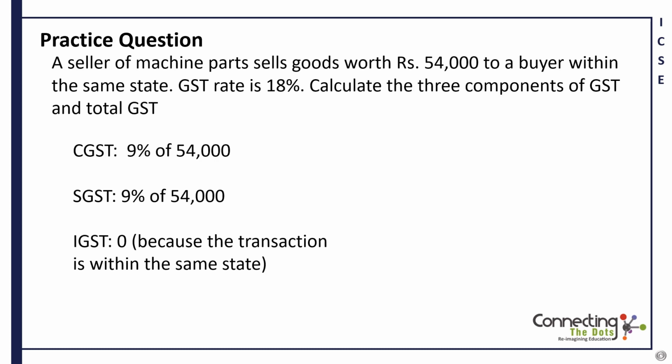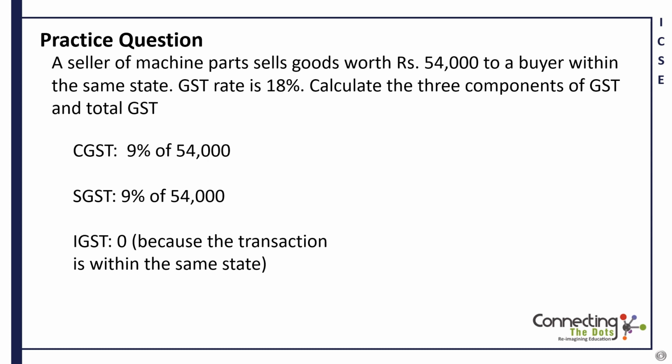Let's do a few simple practice questions so that you can get a better understanding of GST. Now here is a seller of machine parts who sells goods worth 54,000 to a buyer within the same state, and that is important to note. GST rate is 18%.